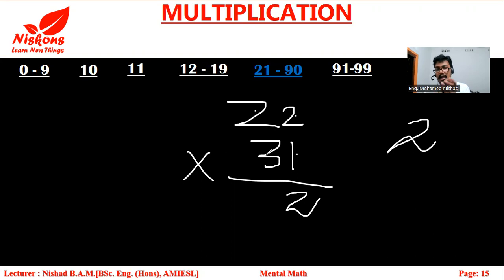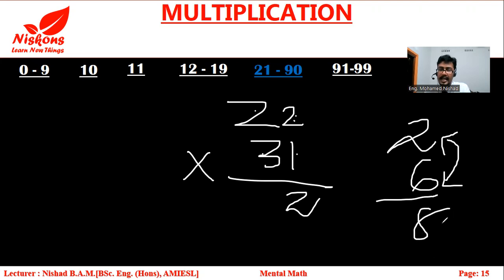And then we have to multiply these 3 and 2 together. So that will be 6. Now we have to add these 2 numbers together, so that will be 8. So that 8 will come over here. After that, we have to multiply this number and this number. So 2 times 3 will be 6.